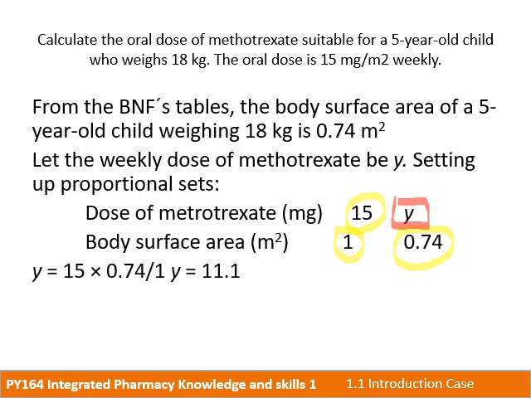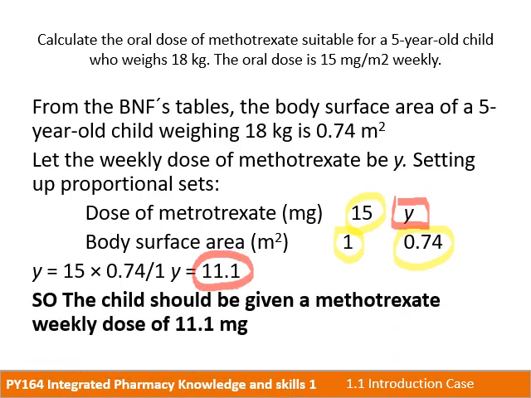And again, working out that equation, we come to a figure of 11.1. So basically the child should be given methotrexate, and remember what we talked about in the last one about different ways of dosing, the dosage regimens. This is a weekly dose, so it's a weekly dose of 11.1 milligrams of methotrexate.